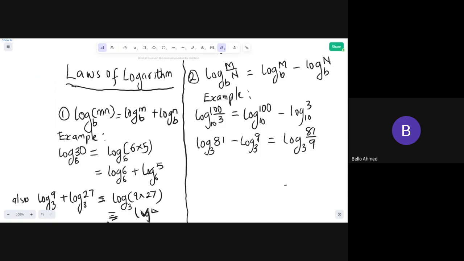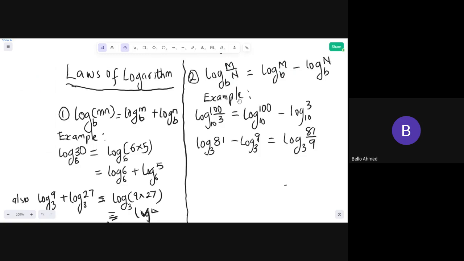Then the law number 2 is that logarithm of m divided by n to base b is simply going to give us logarithm of m base b. Then this division is actually turning to minus, then logarithm of n, which is the denominator, base b.